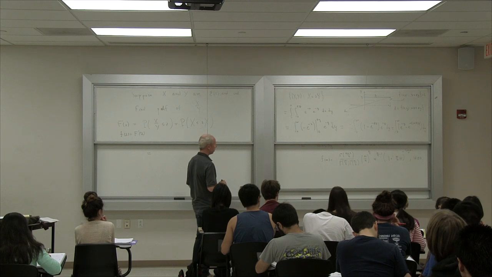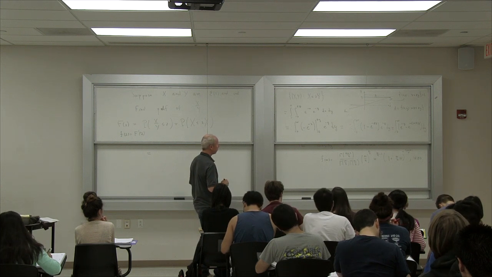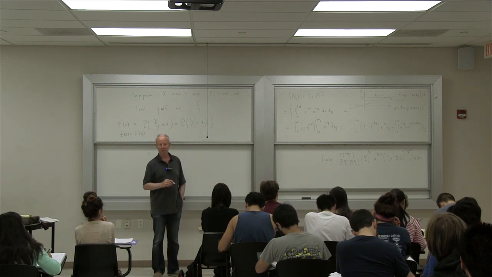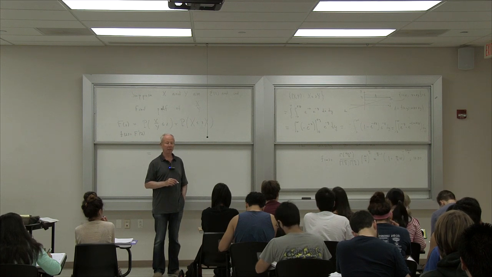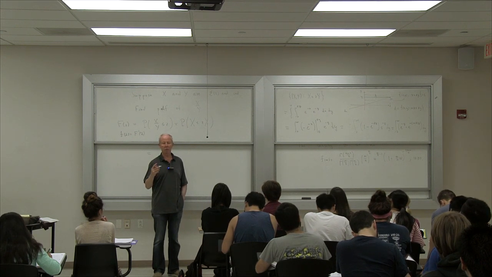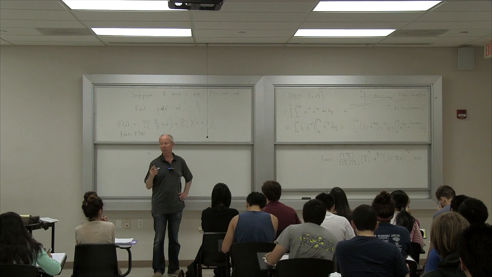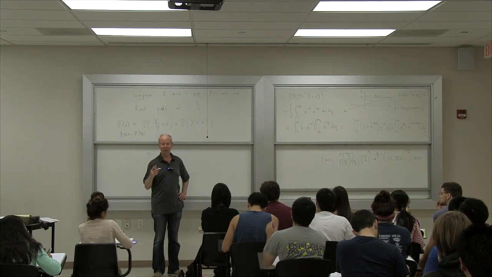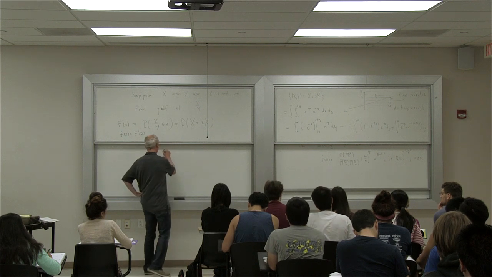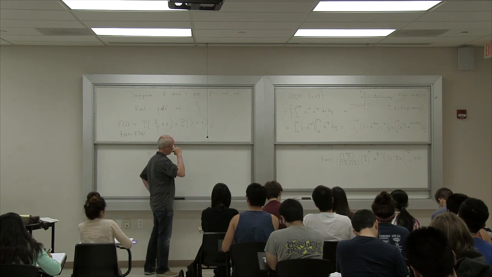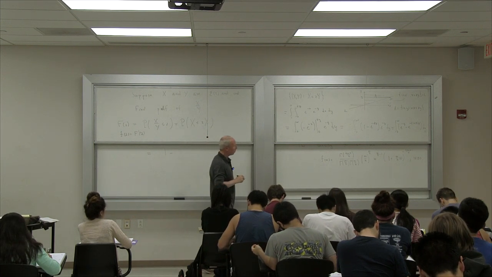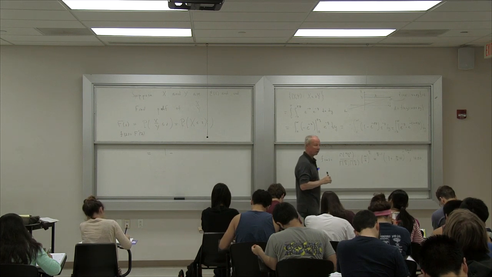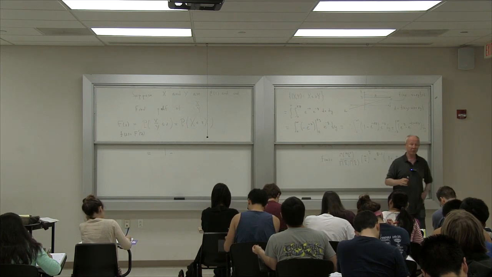The first integral, e to the minus y from 0 to infinity is what? Well, that's the density for an exponential random variable with parameter 1. And if you integrate a density, what do you get? 1. The second one is almost the density for an exponential with parameter 1 plus z.